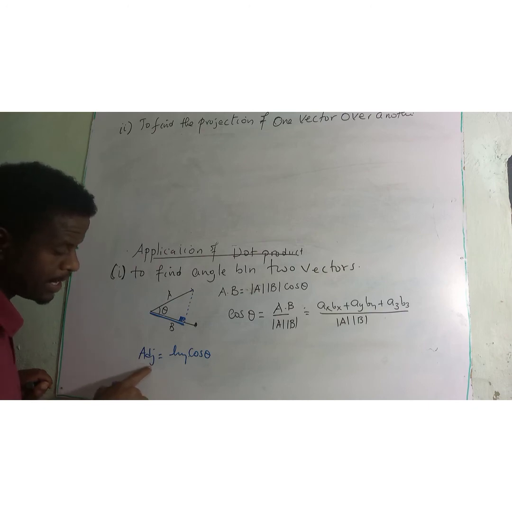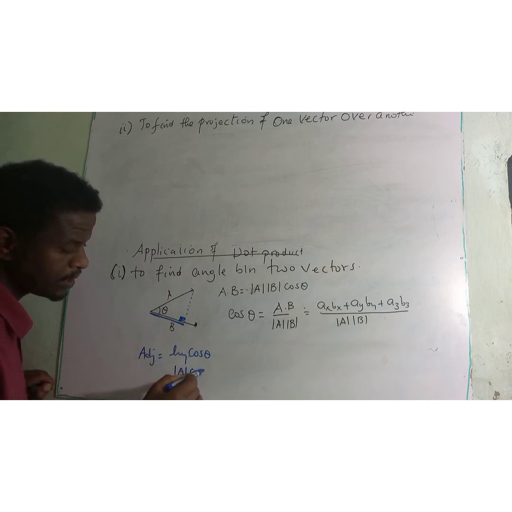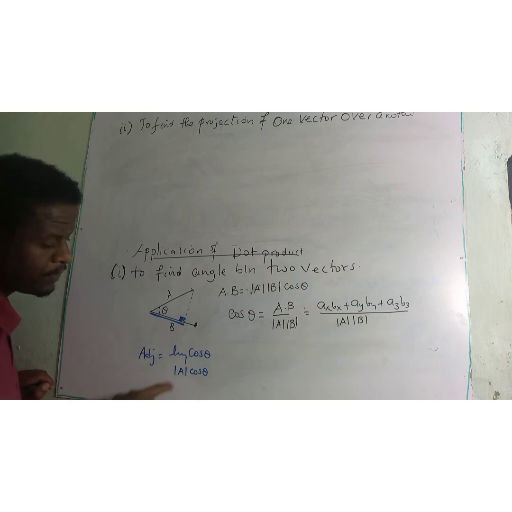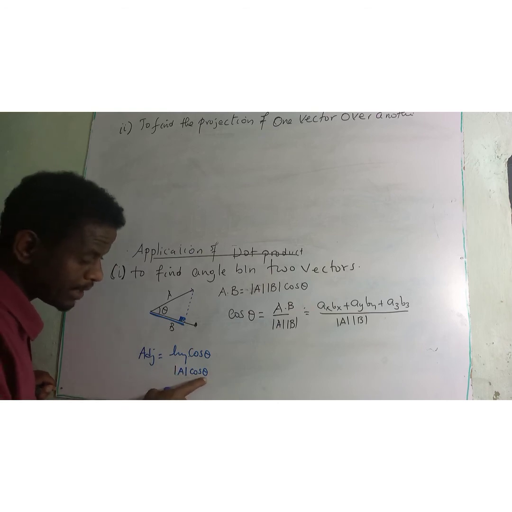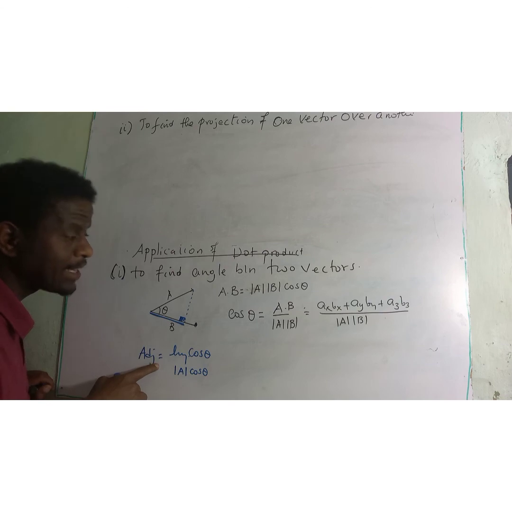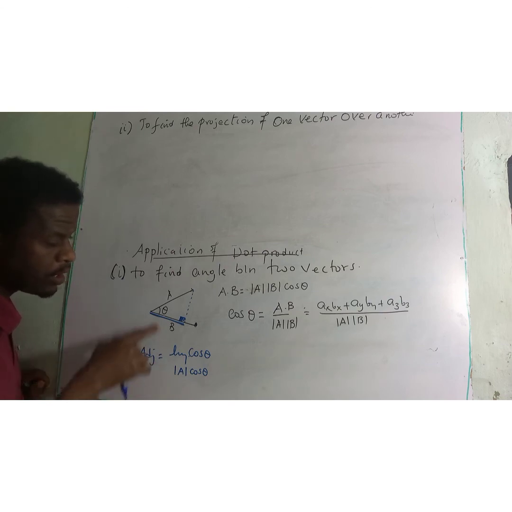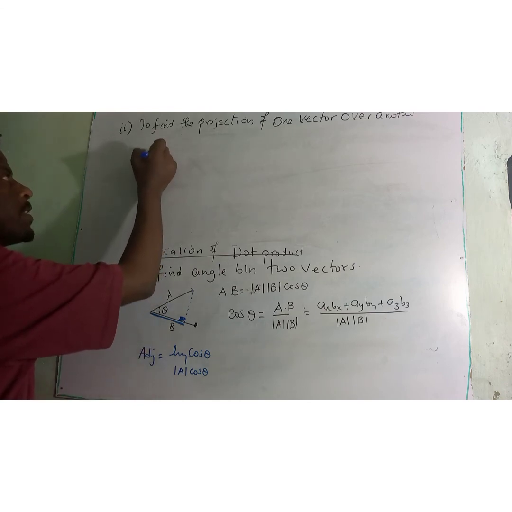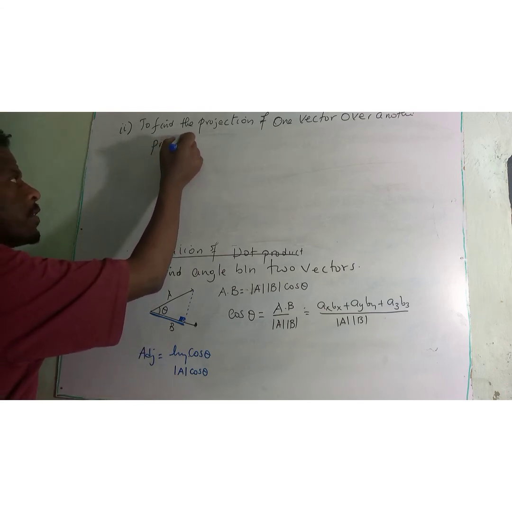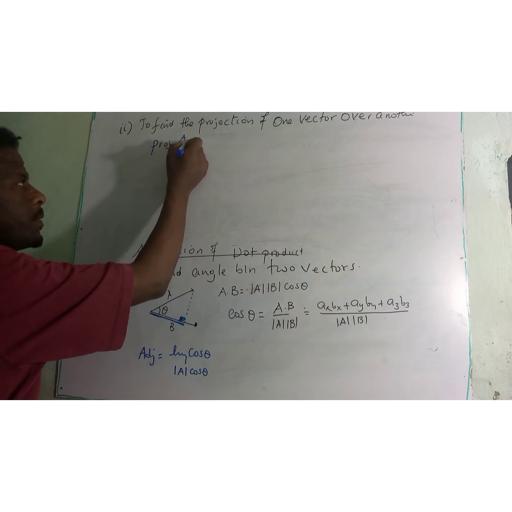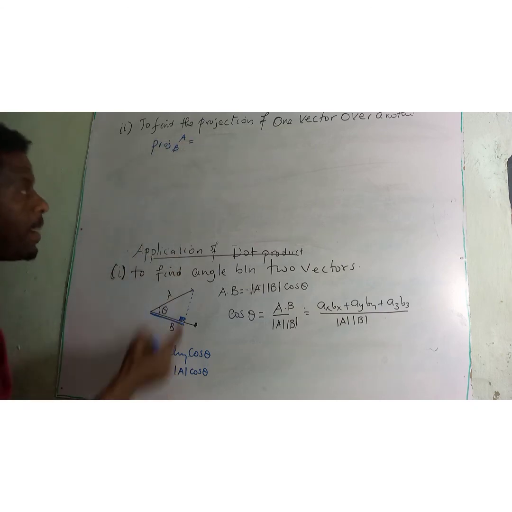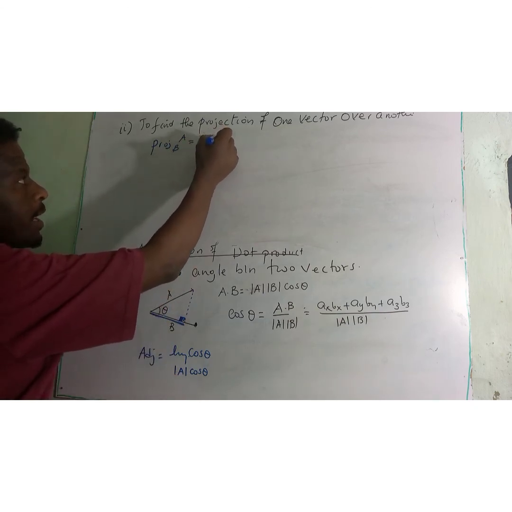But the hypotenuse is the magnitude of A, times cos theta. Therefore, magnitude of A cos theta, which is the adjacent side, is the projection of vector A on vector B.